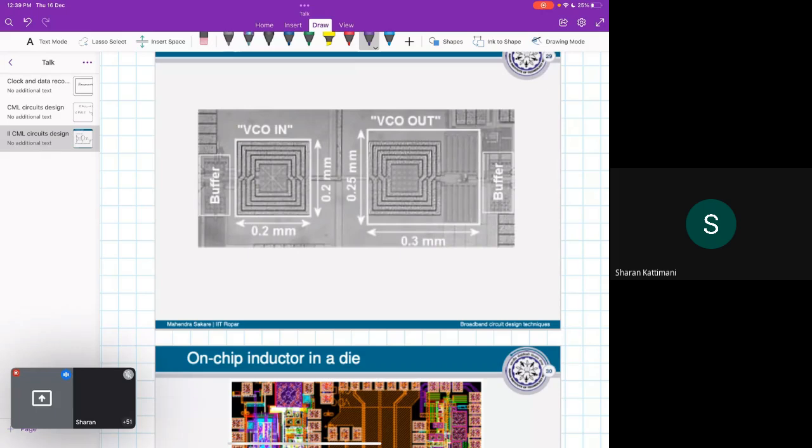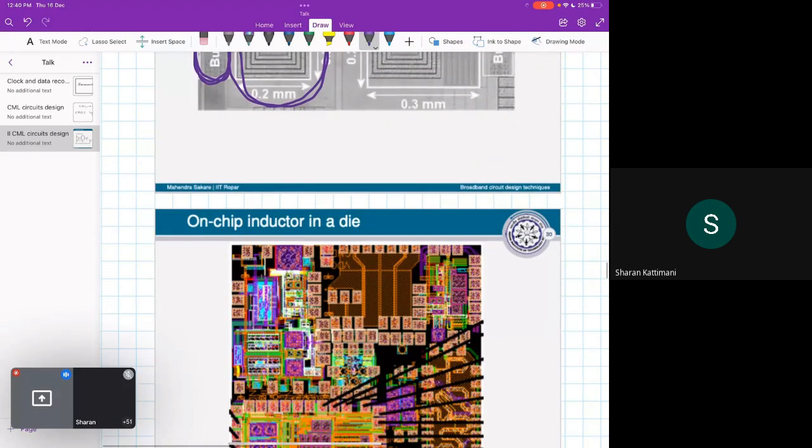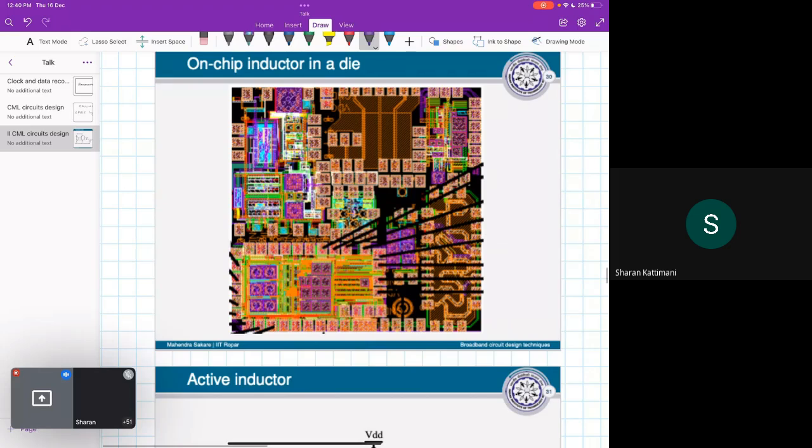but if you actually go for designing inductors in layout, here you can see that this is the buffer, and this is the inductor. So the whole buffer comes in this much area, and the inductor itself is taking too much area. Okay, so similarly this is one such example where inductors are used.